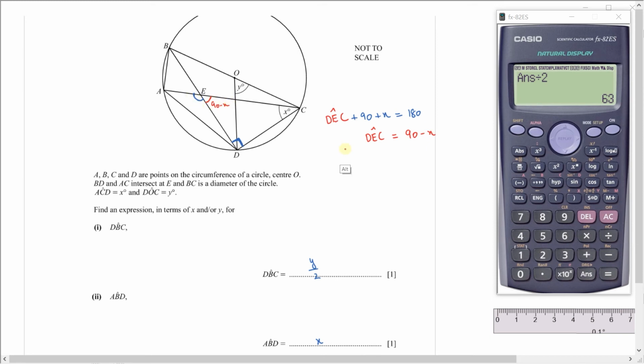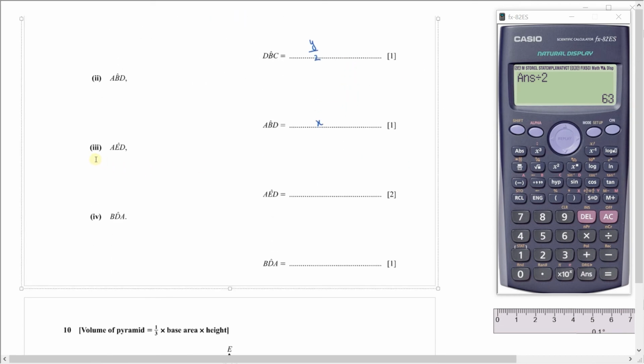So that means angle AED plus this angle 90 minus x should equal 180 degrees because this is an angle on a straight line. So this will give you angle AED equals 180 minus 90, which is 90, and this will become plus x on the other side. So this is how you will calculate this angle AED, which will be 90 plus x. So let me take it down here.